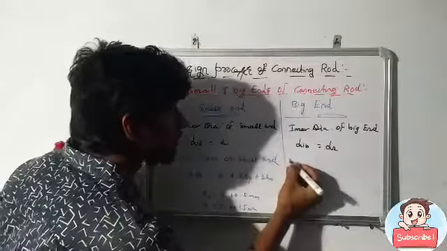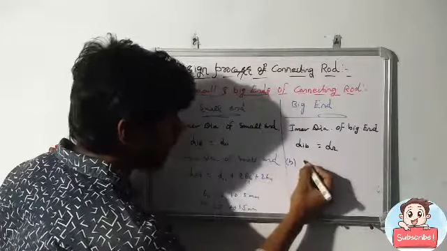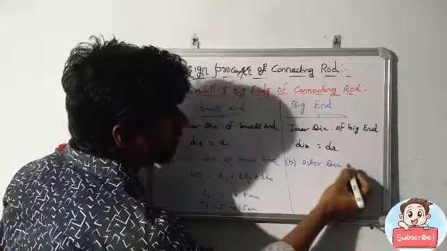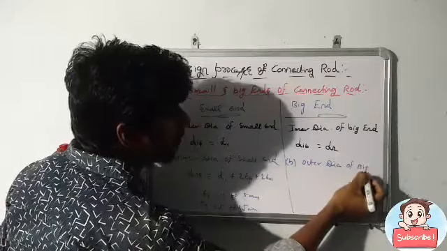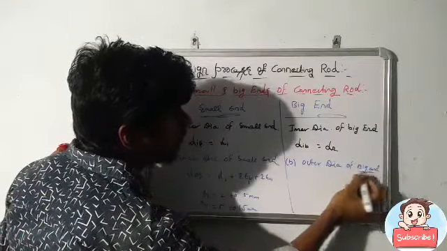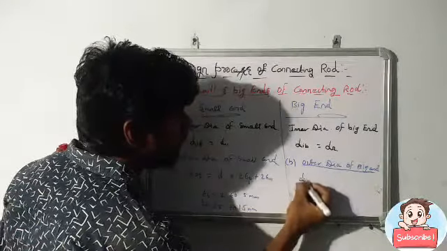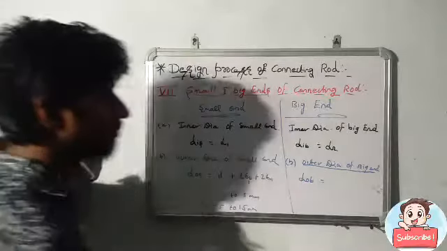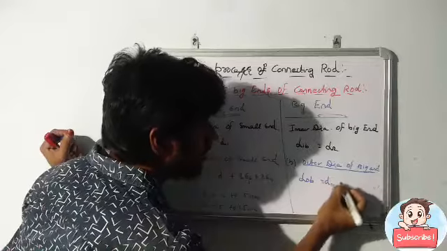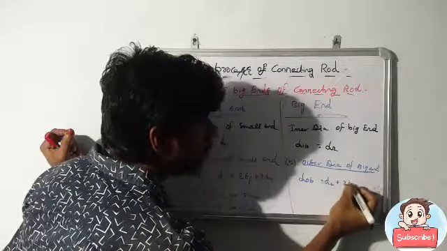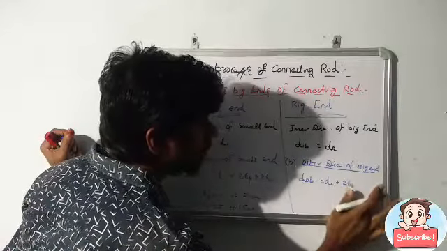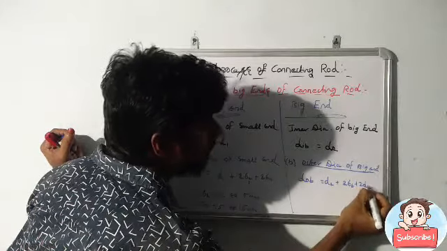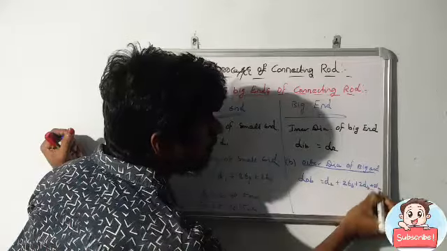And similarly for outer diameter of the big end, it is denoted by DOB, that is equal to D2 plus 2TB plus 2DB plus 2TM.